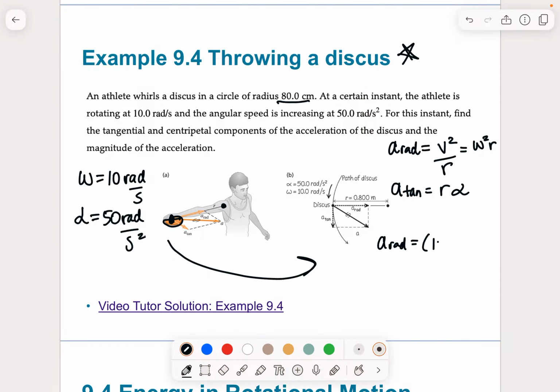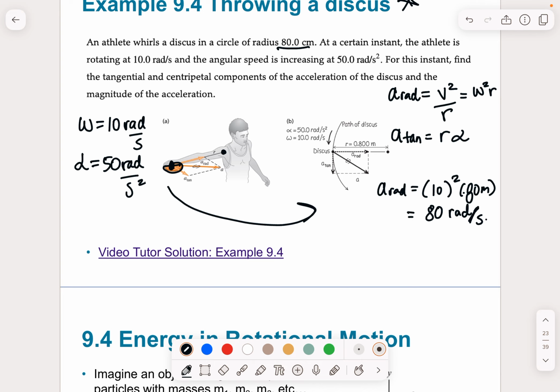So we have omega, and then we have our radius, 0.8 meters. Make sure you convert to meters. And we get 100 times 0.8, which is there we go.